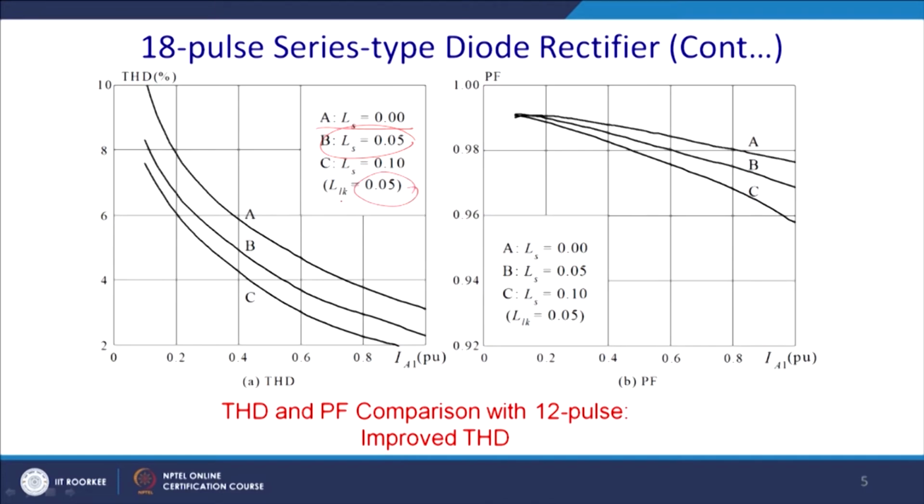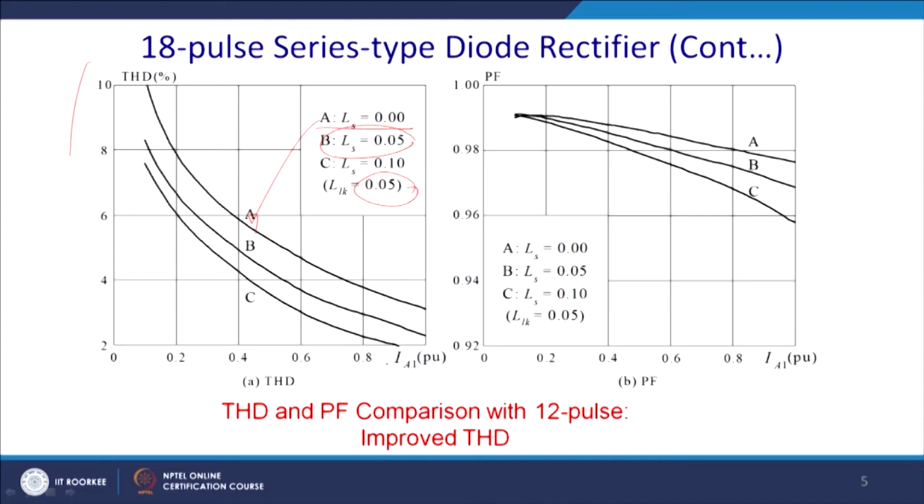As you can see, this is the THD in light load, THD will be high, and this one corresponds to the 0 source inductance. Higher source inductance gives you better THD, but the problem will be a lower power factor.